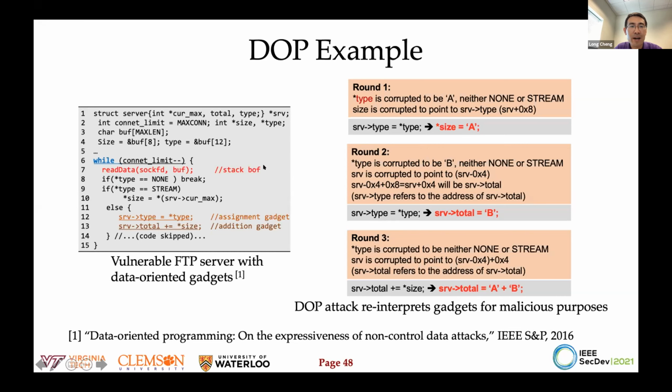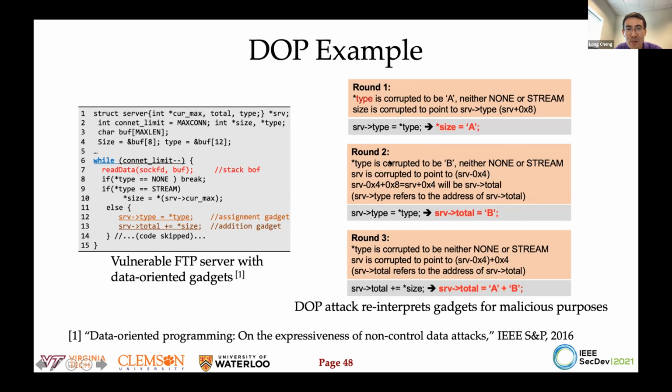In round 1, the attacker sends a malicious payload to corrupt the local buffer and the type, and also this pointer's address, so that the pointer size points to value a.